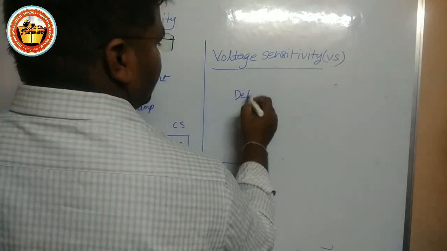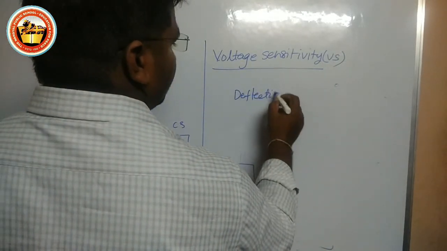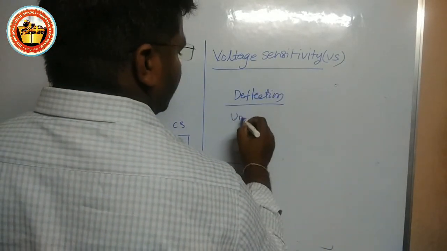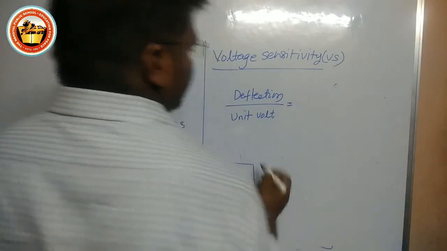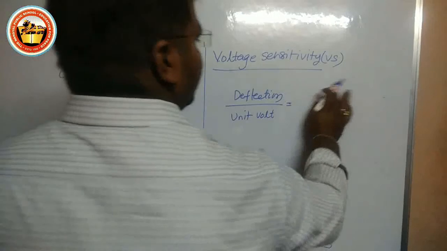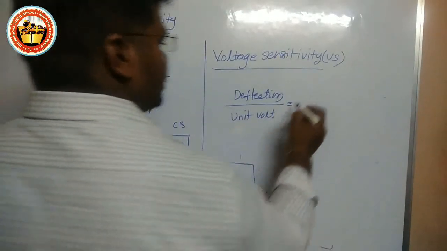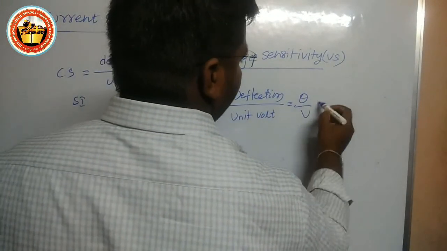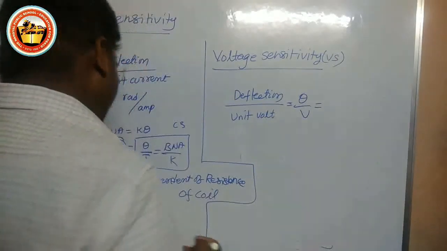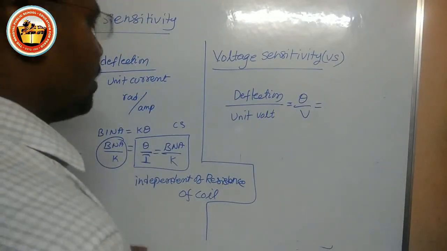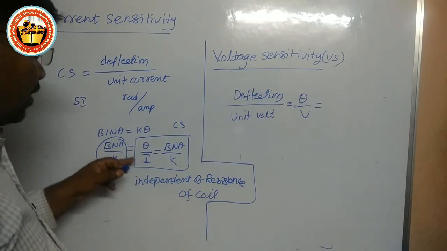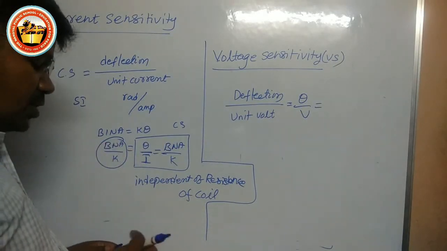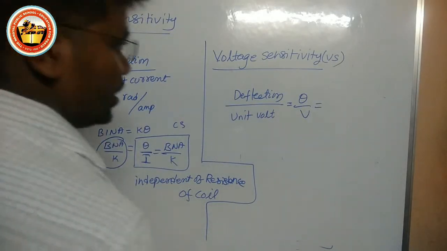Deflection per unit volt means theta by V. How can we find theta by V? With the help of current sensitivity, we can get voltage sensitivity.